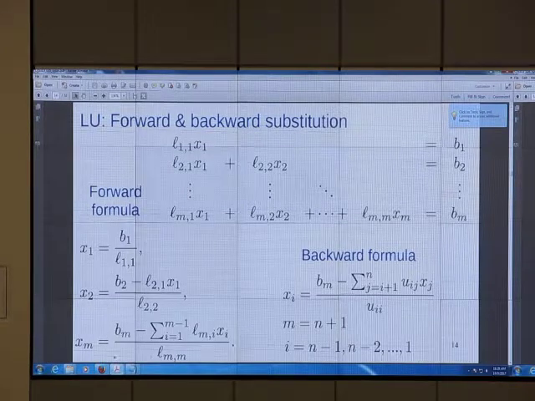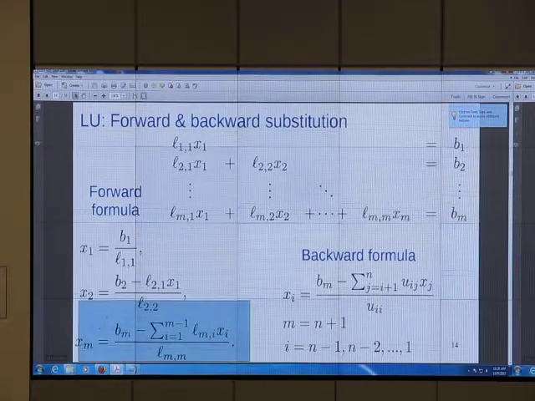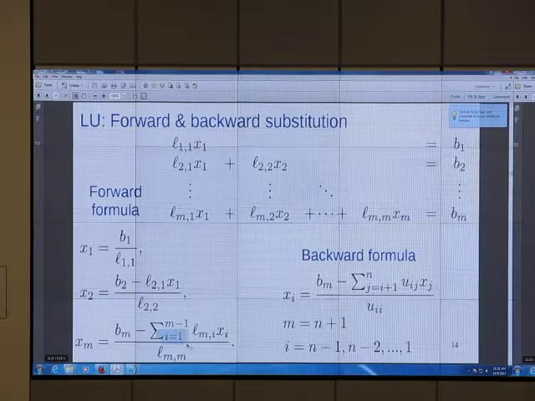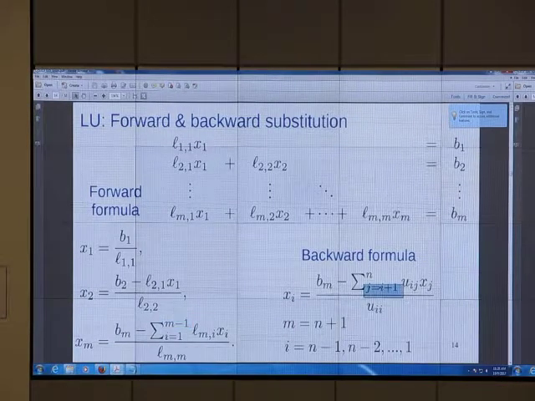So this is the formula that we have, but we start from I equal to 1, I equal to 1 to I equal to m minus 1. Previously, when we did backward, we did j equal to I plus 1 to j equal to n, and I had to start from the back.